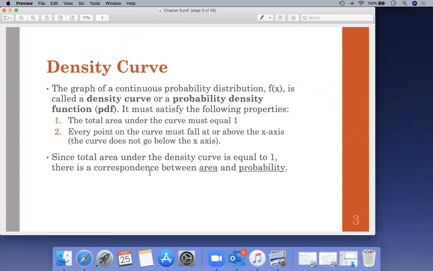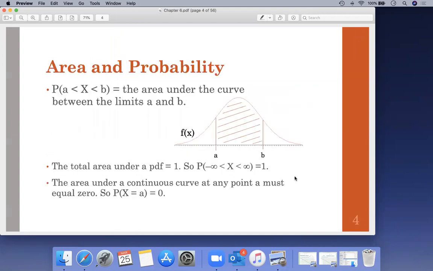So there is a correspondence between this area and that probability. Area and probability are exactly equal in this chapter. Area equals probability. So please remember, in this chapter, if you want to find any probability, you have to find the corresponding area under the curve.